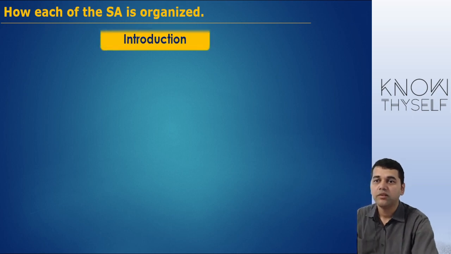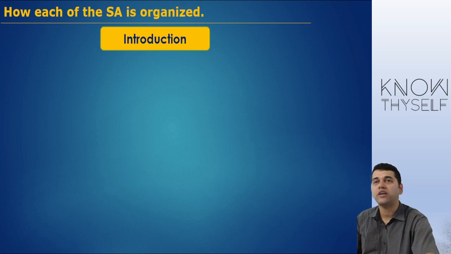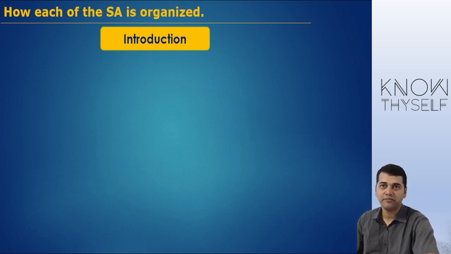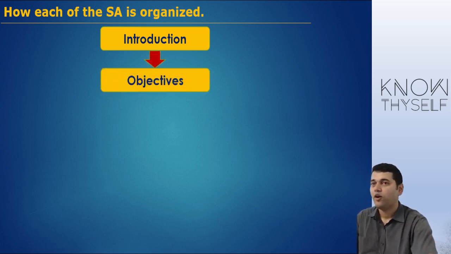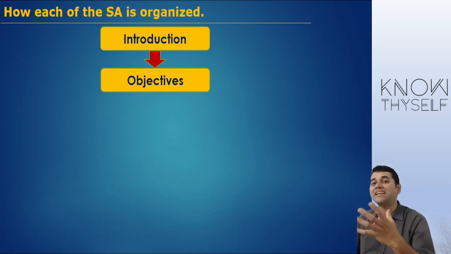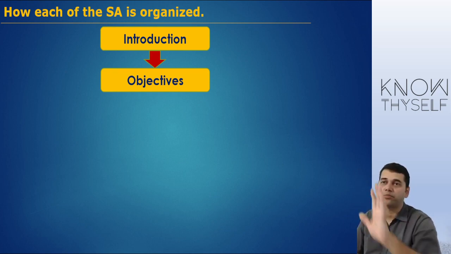Similarly, there is a sequence of audit steps in the standards also, which they have provided, which I have to just tell you. Now, what is the overall framework of any standard? You start with the introduction. Questions can come from the introduction for your exam, so don't underestimate the introduction para. Objectives: questions will not come from the objective, but the objective is like the life of the standard. In every single standard, please understand the objective.